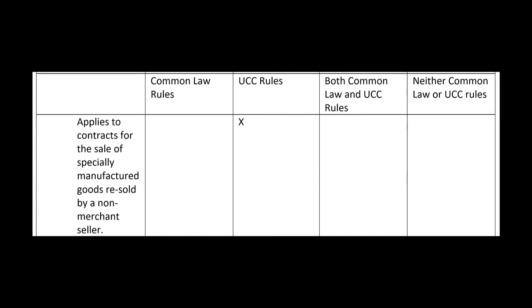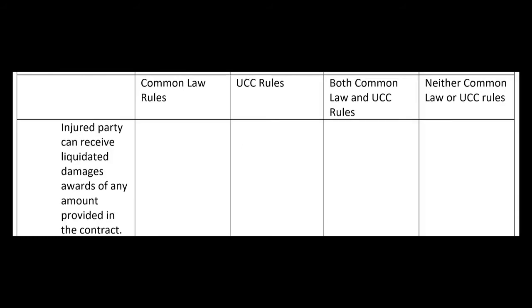If the subject matter of the contract is goods, the UCC rules apply and not the common law rules. Because the common law rules apply to real estate, services, sale of a business, also intangibles like patents, the common law rules would apply.